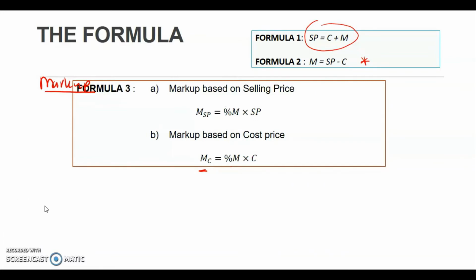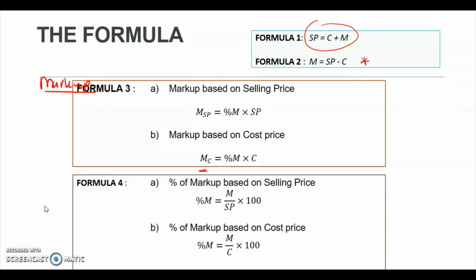Next, we have the formula to find the percentage of markup, or the rate of markup. Since we have two cases for markup, for markup based on selling price, the formula to find the percentage of markup is M divided by SP, markup divided by selling price, multiplied by 100.